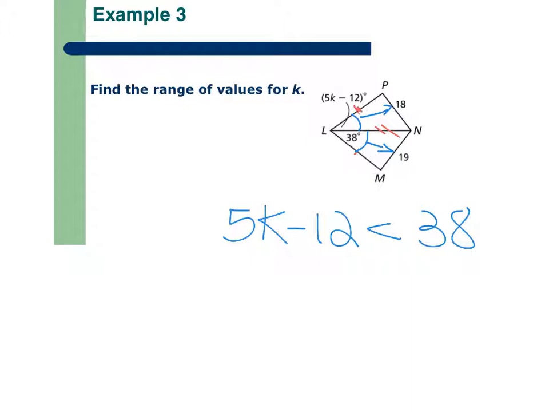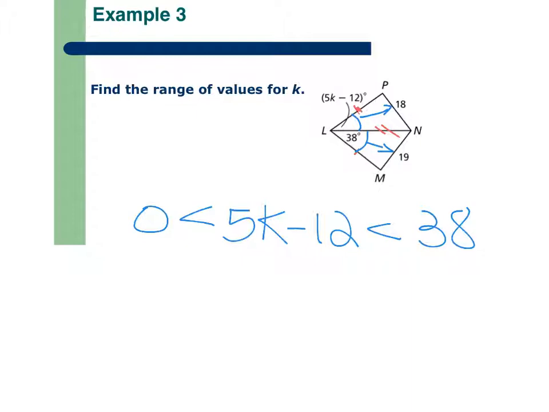Now, if I wanted the lower end, I know it's got to be greater than 0. So if I wanted a whole range, I could put in that it has to be greater than 0. When you go to do the homework, they're only going to look for the left side. But if you want to show the total range, you can.